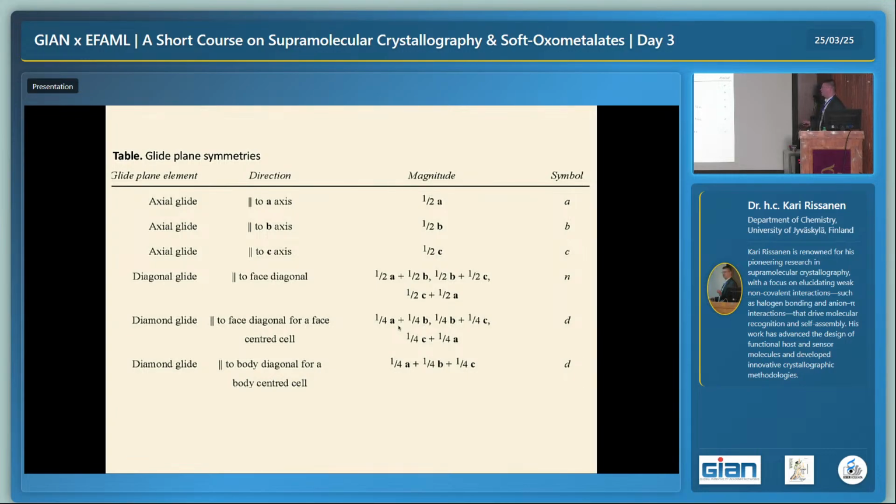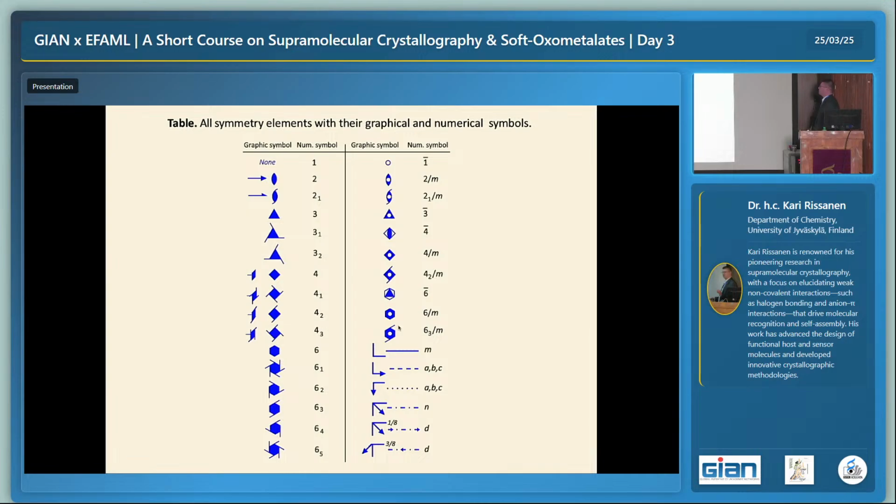But this means that the more symmetry operations you have, the more additional coordinates will be created. And the old book, I will also go through this very briefly, used graphical notations for the names of the symmetry operations. So this kind of a thing indicated that it's a 1-2 screw axis.